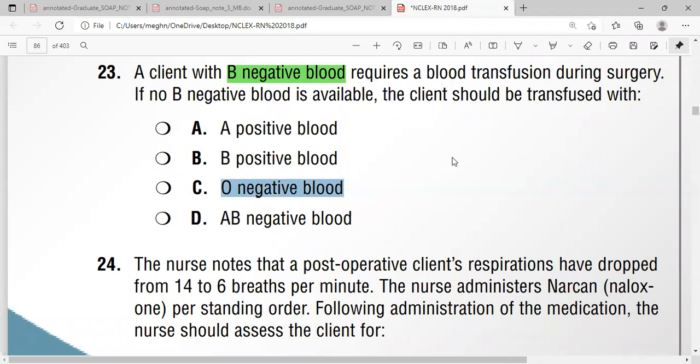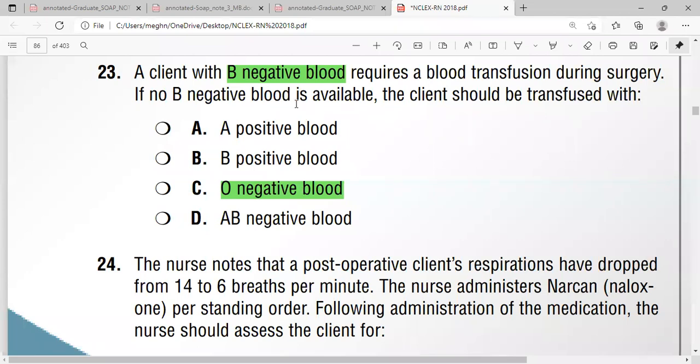So why is C the answer? If the client's own blood type and Rh are not available, the safest transfusion is O negative. Let me recap it. If the client's own blood type and Rh are not available, the safest transfusion is O negative blood.